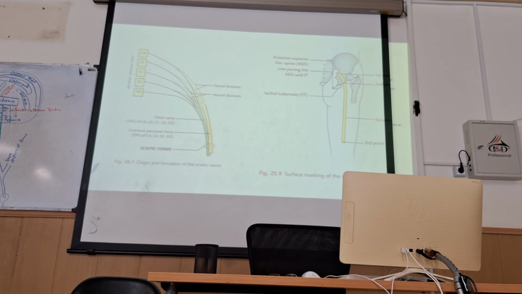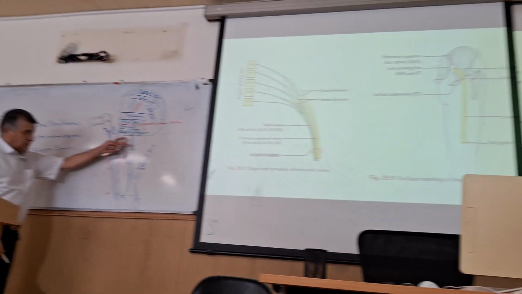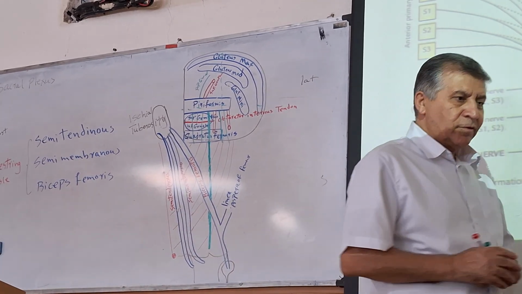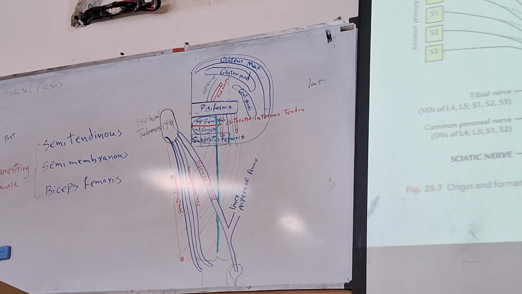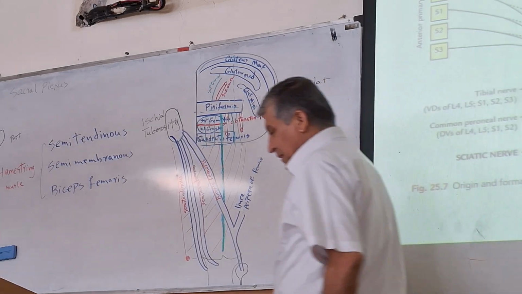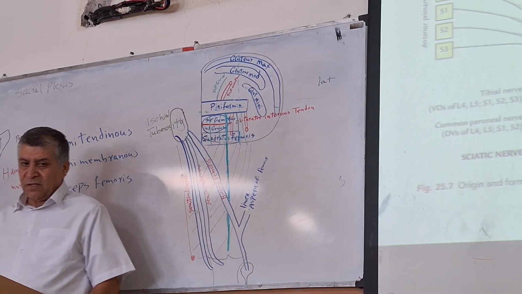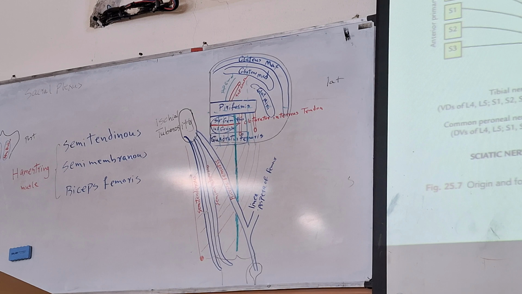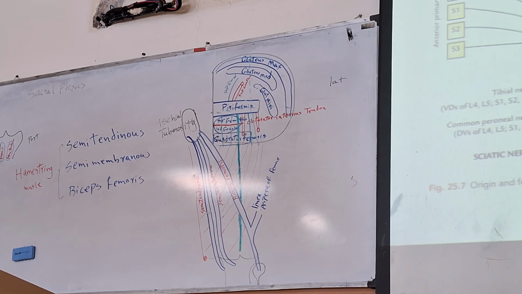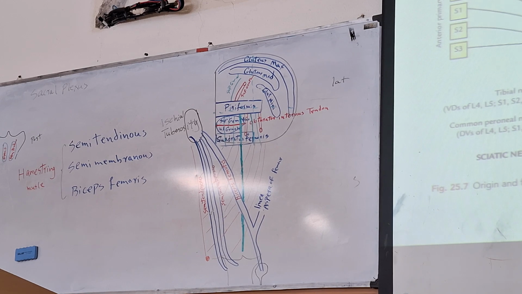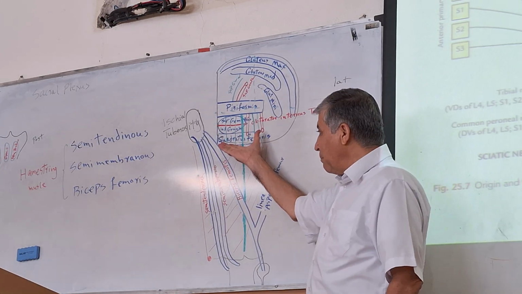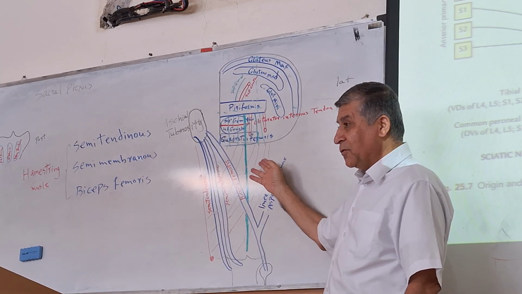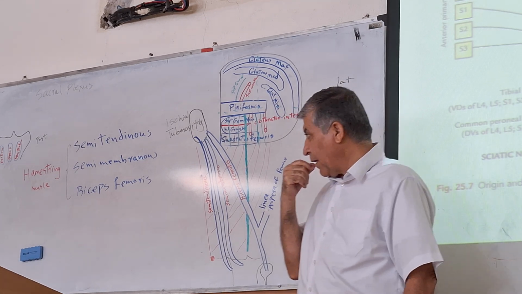What is this? Adductor magnus. The adductor magnus is a muscle of the medial compartment, but it covers the posterior compartment of the thigh. It is very important because it forms the main bed for the sciatic nerve.